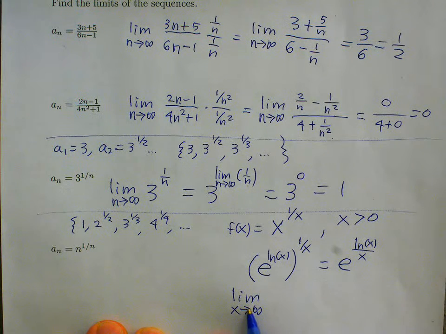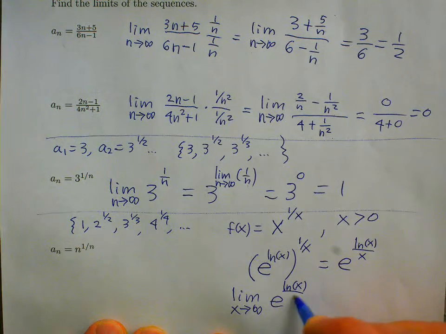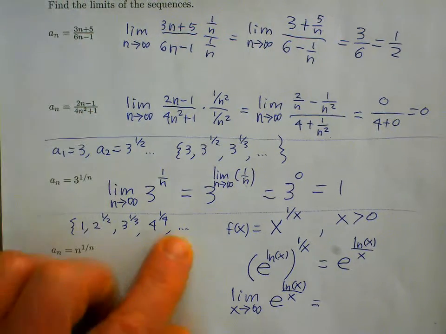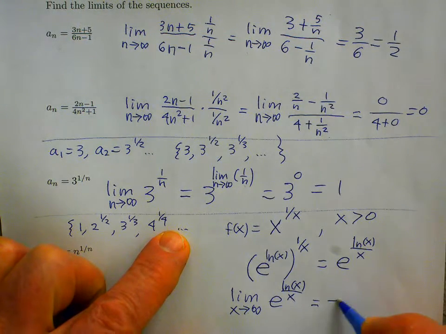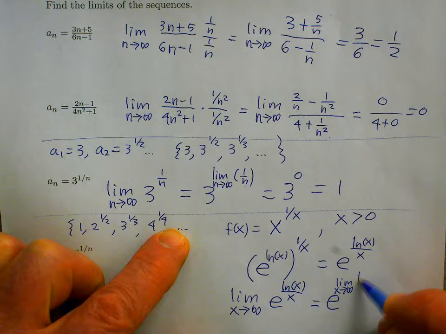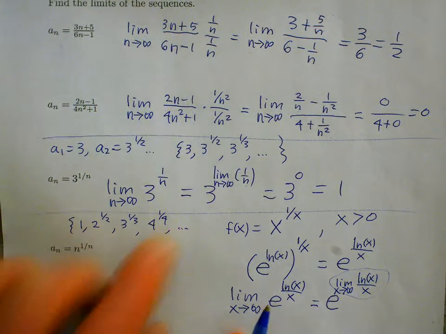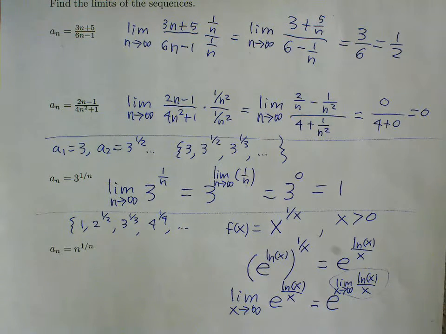So the limit as x approaches infinity of e to the natural log of x over x is the same as e to the limit as x approaches infinity of the natural log of x over x. Okay, so what do we do with the exponent, or that limit? The limit as x approaches infinity of the natural log of x over x.